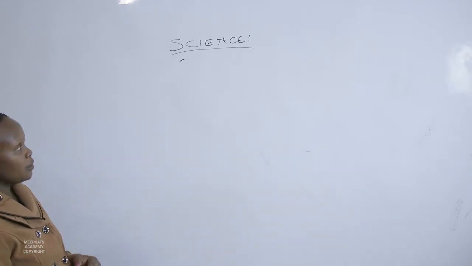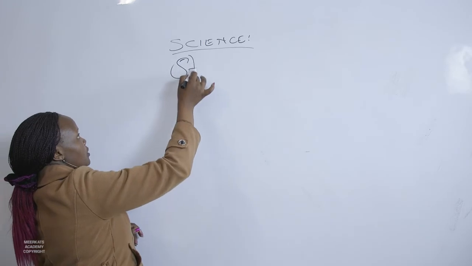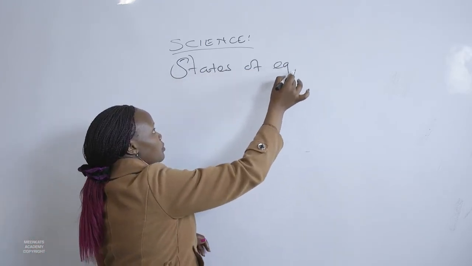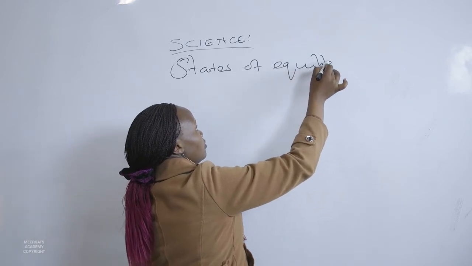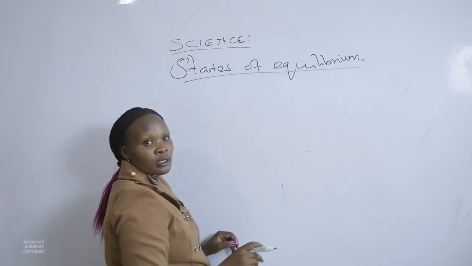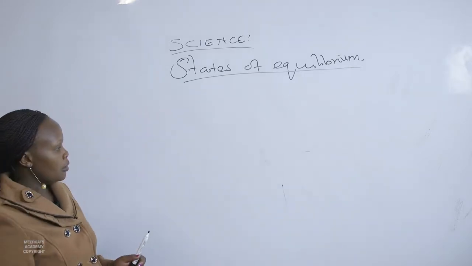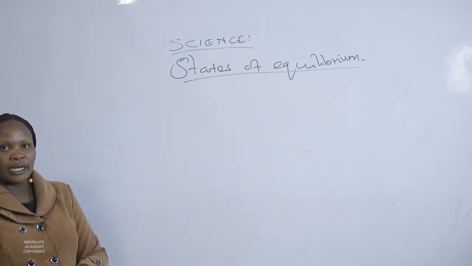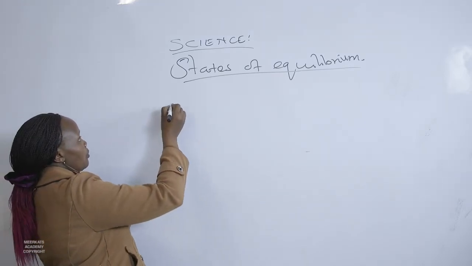Let us now go to the states of equilibrium. States of equilibrium, and we have about 3 states of equilibrium.